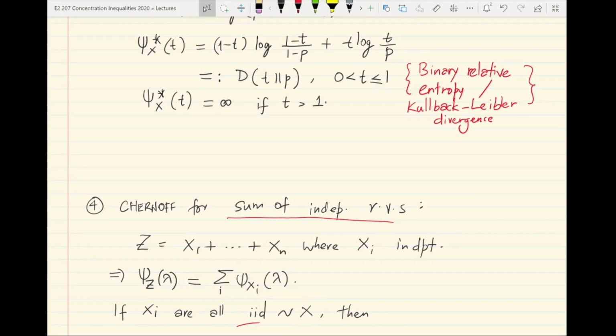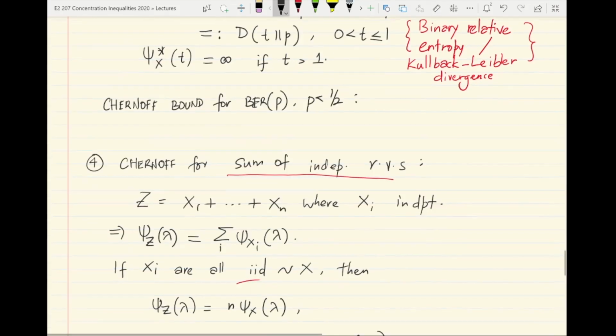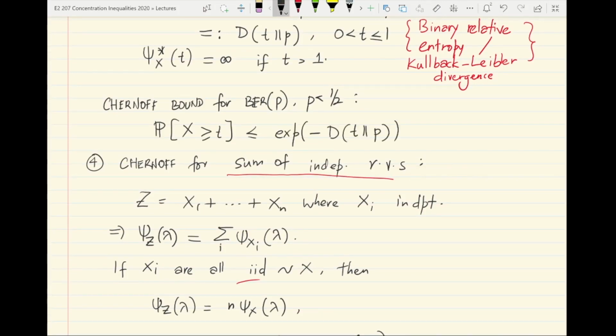And hence the Chernoff bound for a Bernoulli random variable with p less than half basically gives you that the probability that x is larger than or equal to t is less than or equal to e raised to minus D(t||p) for 0 less than t less than 1.